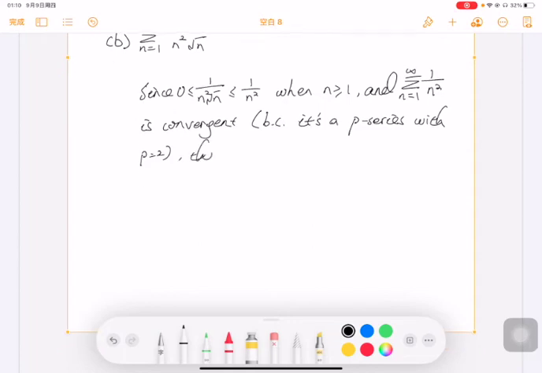Okay, then by the comparison test, this series also converges.